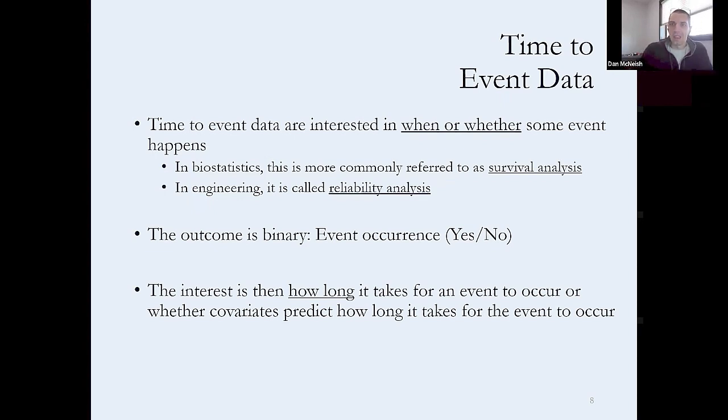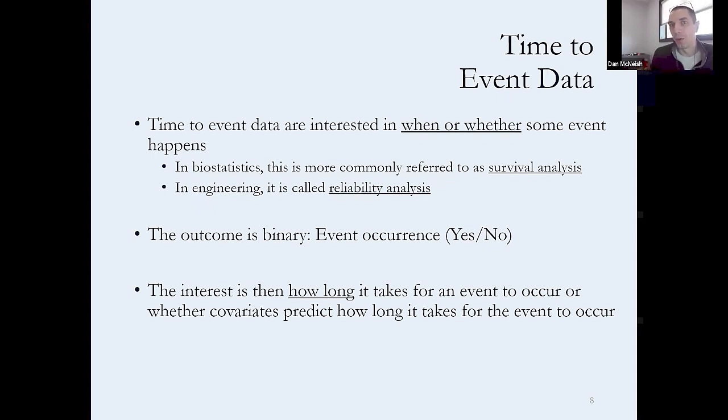And in this type of model or data structure, the outcome that you're interested in is some binary event occurrence. So at a certain time point, has an event occurred or not? And your interest, at least longitudinally, is how long does it take for some event to occur?